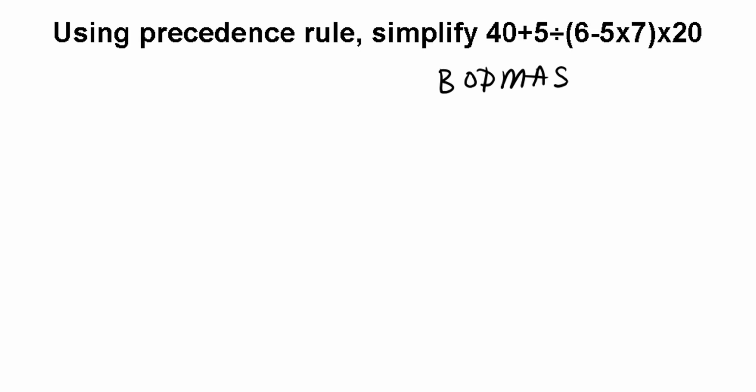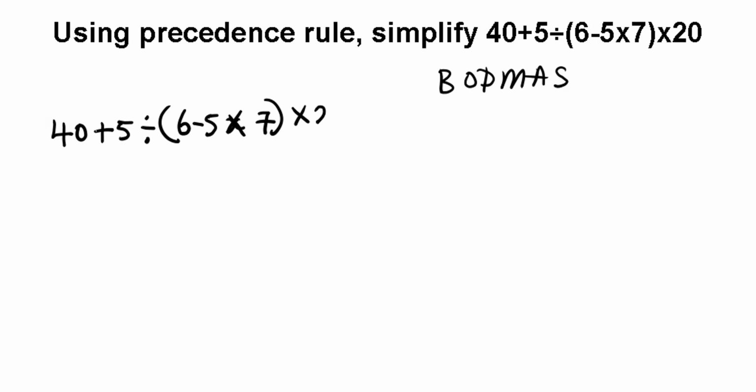We have 40 plus 5 divided by brackets opens 6 minus 5 multiplied by 7, brackets close, multiplied by 20. Here, remember the rule, you have to solve from left to right.